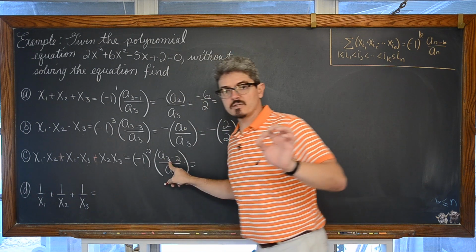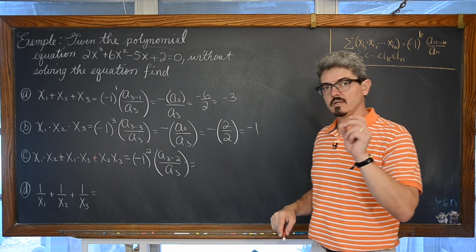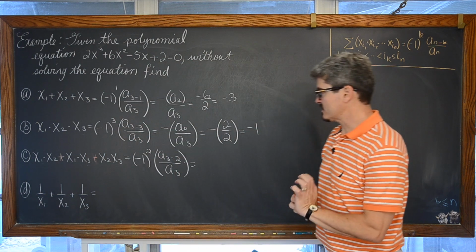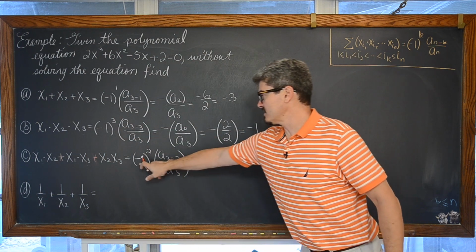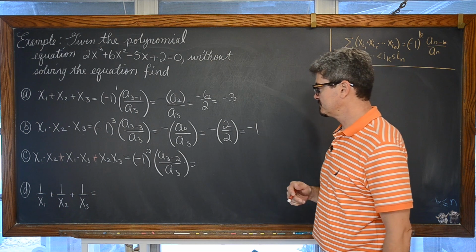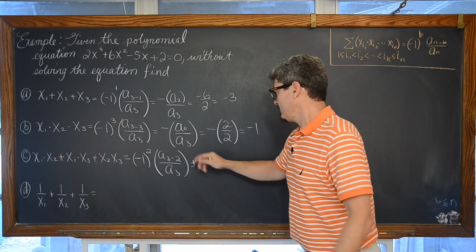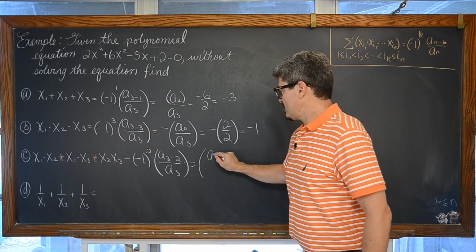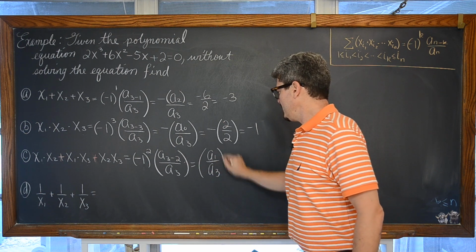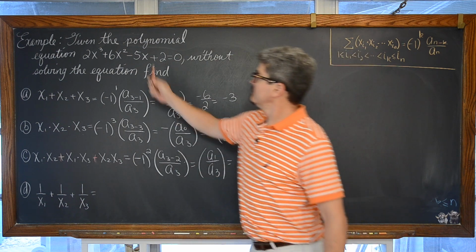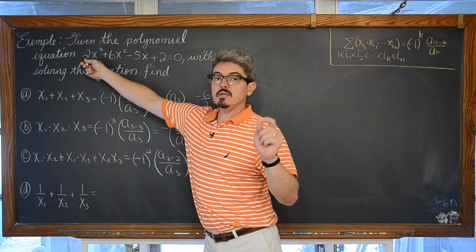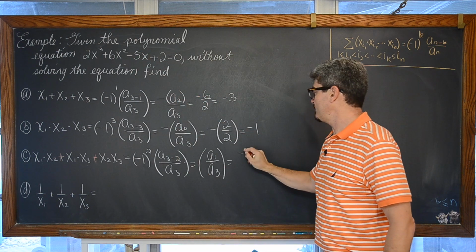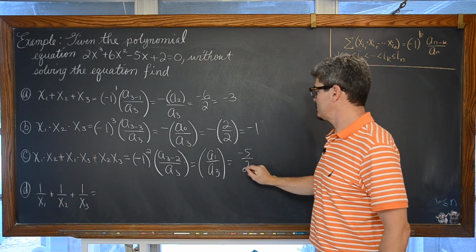Again, n is the degree of the polynomial, k is the number of roots in each of these terms. So we're going to be looking at a positive, because negative 1 squared is positive 1. Well, of course we might have a negative coefficient, but we have a positive a sub 1 over a sub 3. Now remember, a sub 3, a sub 2, a sub 1, a sub 0. So we're looking at negative 5 over 2.